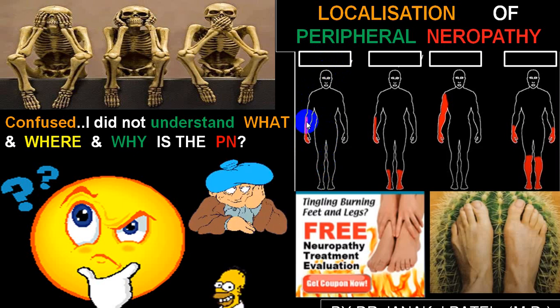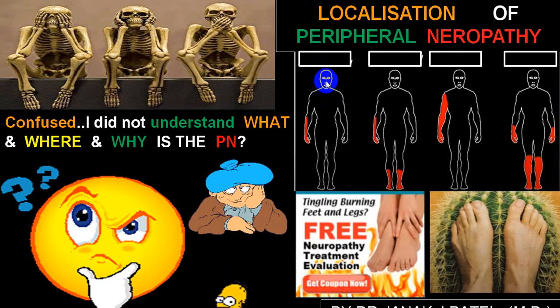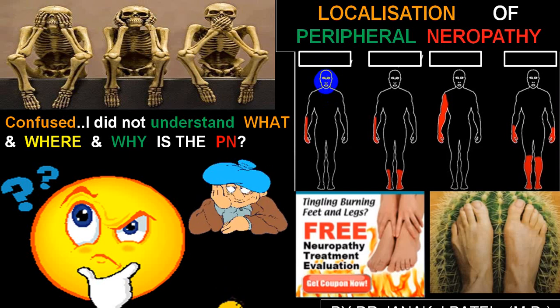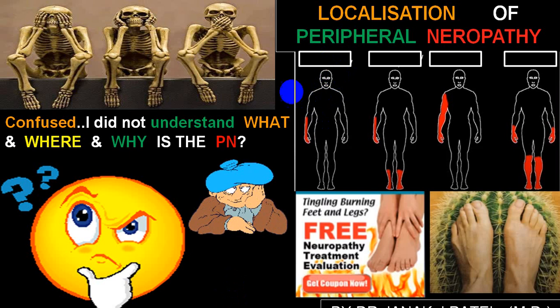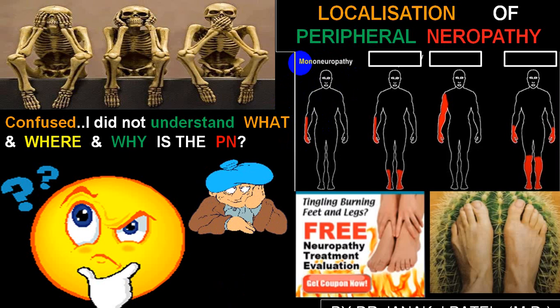Here it is only a small portion of the body, so it is less likely to be brain, less likely to be brainstem, less likely to be even spinal cord. So it goes more for peripheral nerve, so it is mononeuropathy.